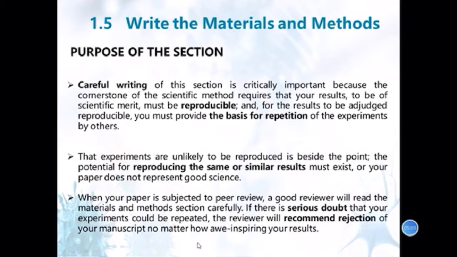That means although sometimes your result is significant and has a very good effect on some theory or practice, if the reviewer finds your materials and methods not good enough, they will doubt your results.